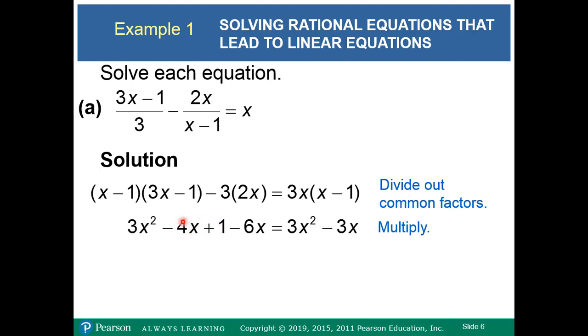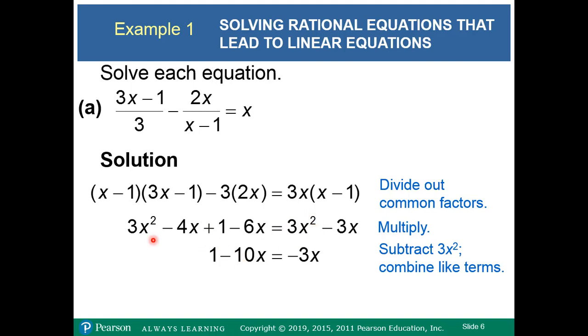So this is going to give us negative 10x, and then we're going to move all of this over so that it's in standard form. Here, we get a 3x squared and a 3x here, so that goes away. So it ends up canceling out. And so what do we end up with? We end up with 1 minus 10x is equal to negative 3x.